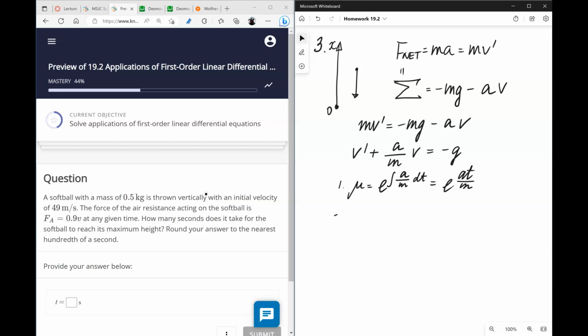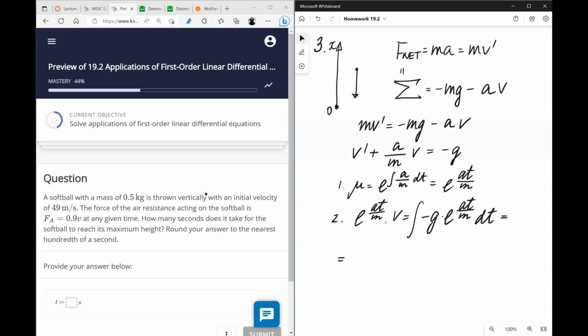And now on the left hand side we have e to the power at over m times v. On the right side we have the integral of negative g e to the power at over m dt. Now this is an easy integral.